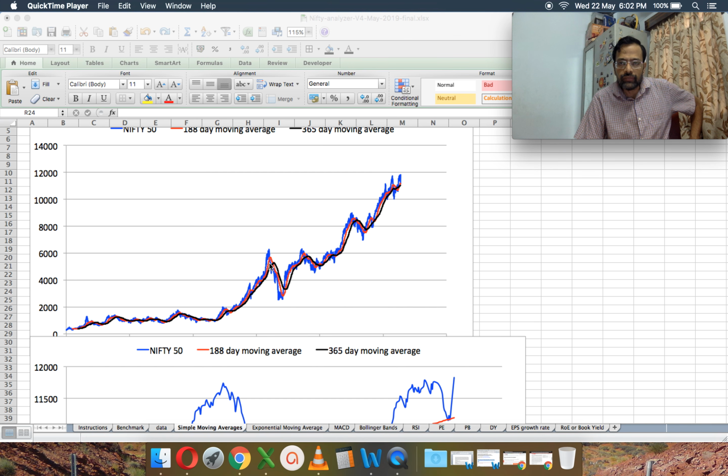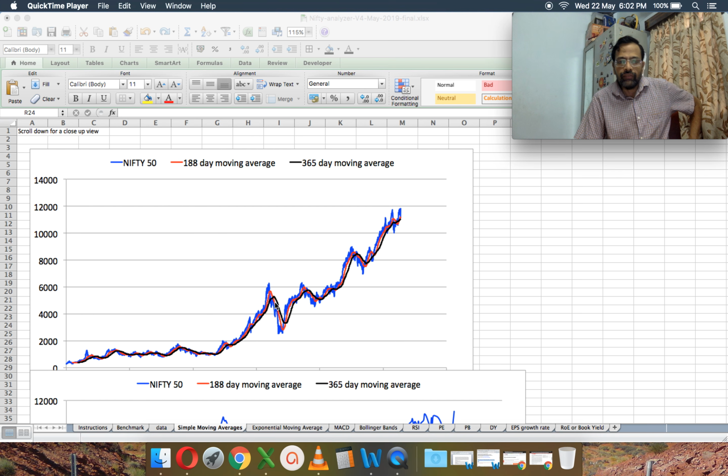Whenever the 6-month average line falls below the 1-year average line from above, that is, the 1-year, or the 365-day average line is here, and the 6-month line comes from the top and it just comes down, then it's indicative of a bearish trend.